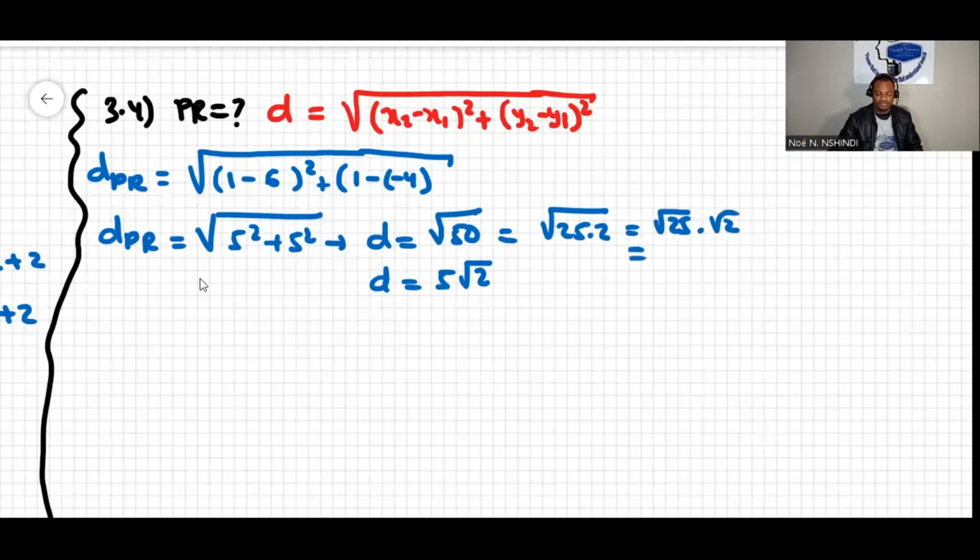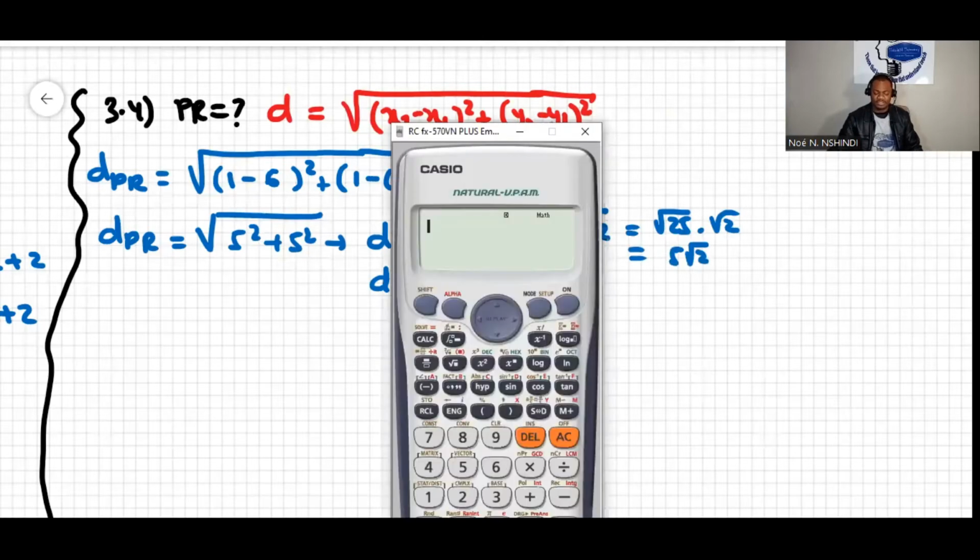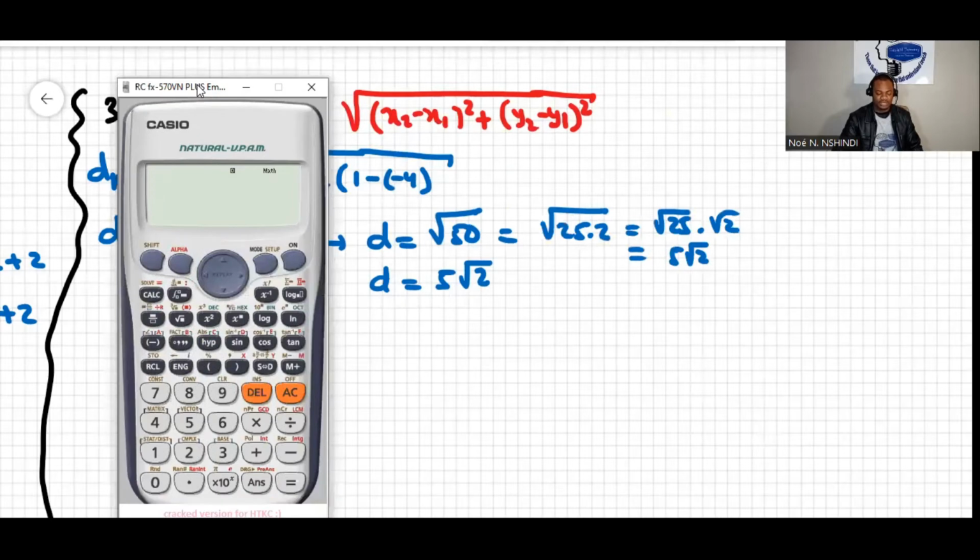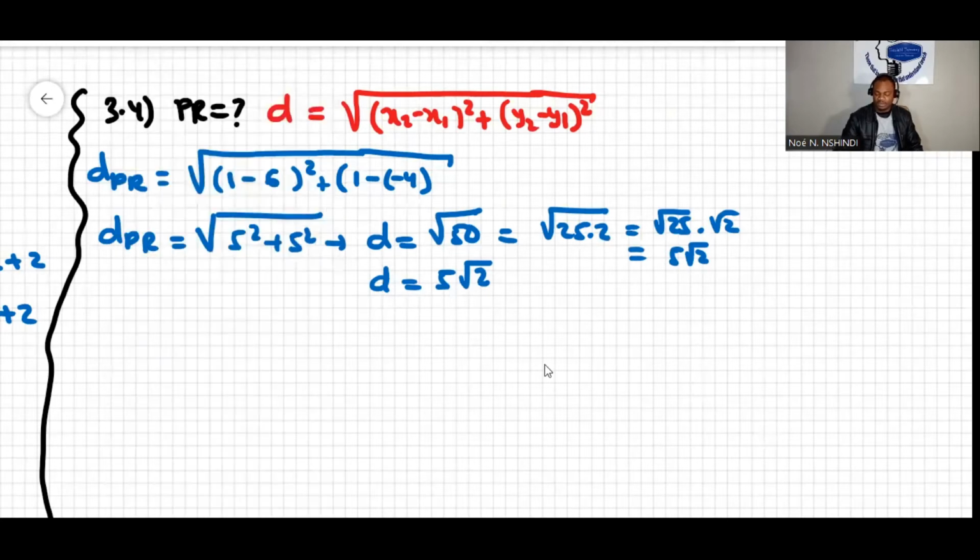Root 25 is just 5, and root 2 is a surd. You can do that, or calculators can also do the same thing. If you just write the square root of 50, it gives 5 root 2.